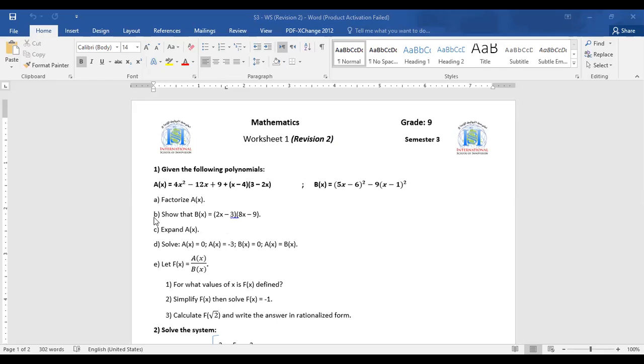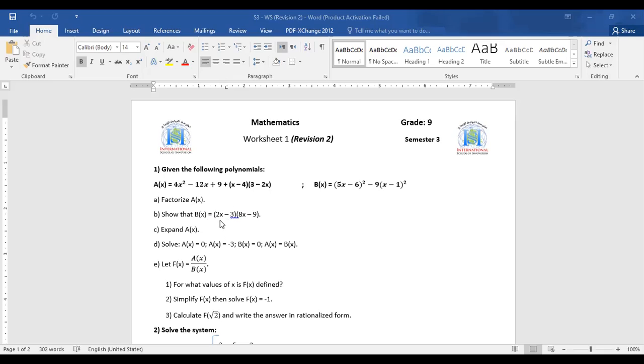Look at part B, Adam. Show that B of x is equal to x minus 3 into 8x minus 9. I want to ask you, Adam, if I have written B of x in this form, what do we call this form? Expanded form or factorized form? Expanded.